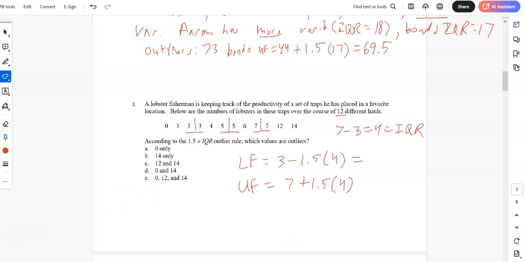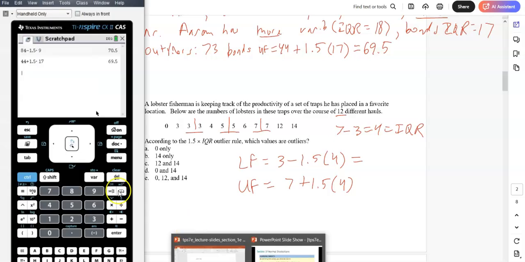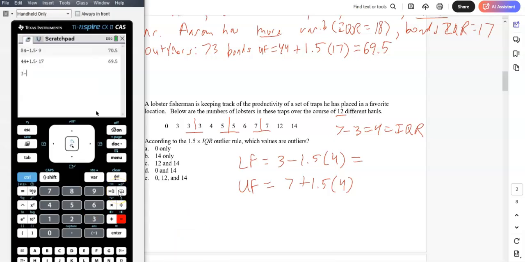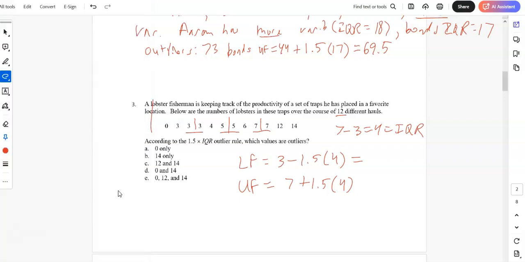So you might get your calculator out. 3 minus 1.5 times 4, and 7 plus 1.5 times 4. So negative 3 and 13. Negative 3, 13. Ooh, outlier. So 14 is the outlier.